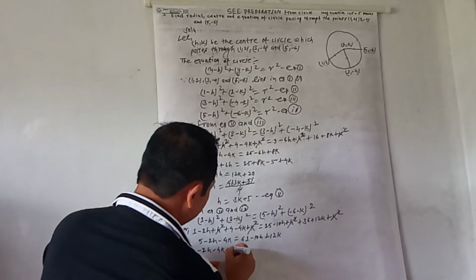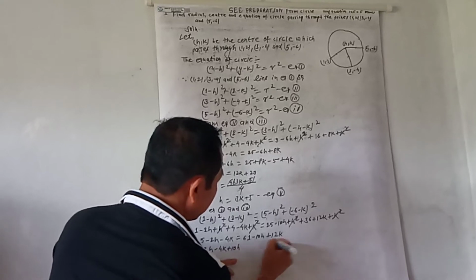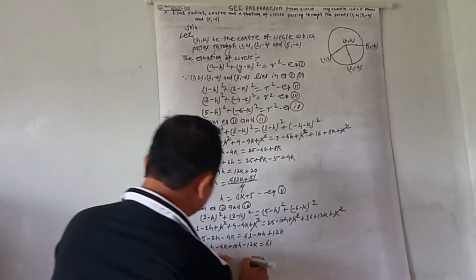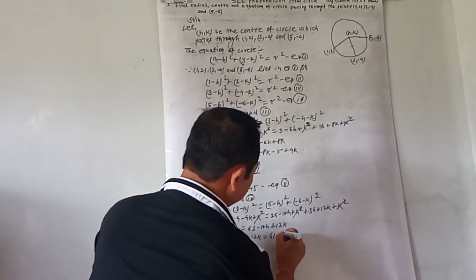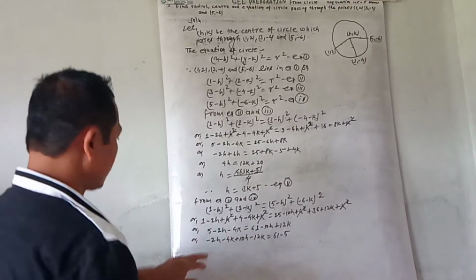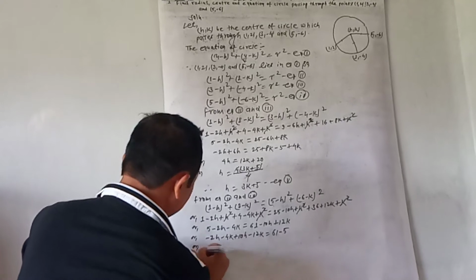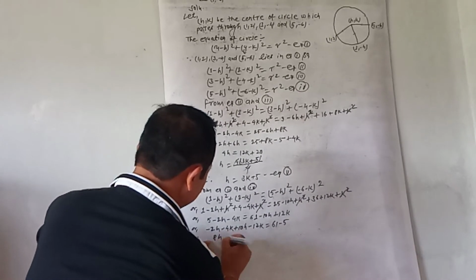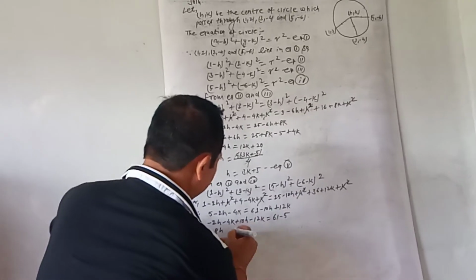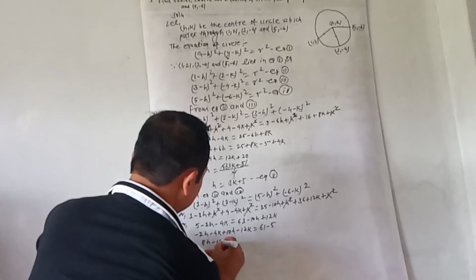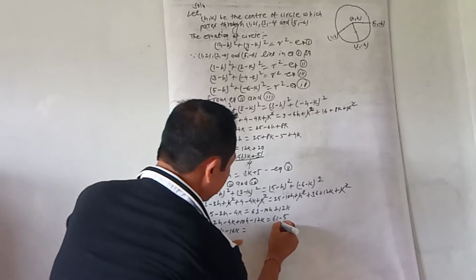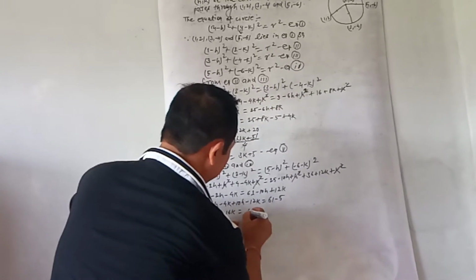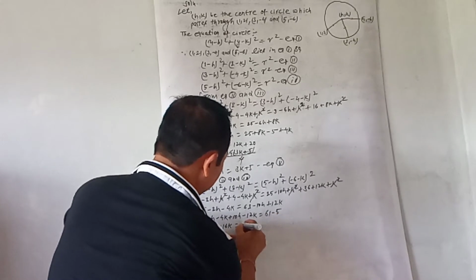10h bring this side, then plus 10h we can write, plus 12k this side, then minus 12k we can write. 61, 5 take that side, then minus 5. Or minus 2h plus 10h means 8h, minus 4k minus 12k means minus 16k. Subtract here 11 from 5, then 56.